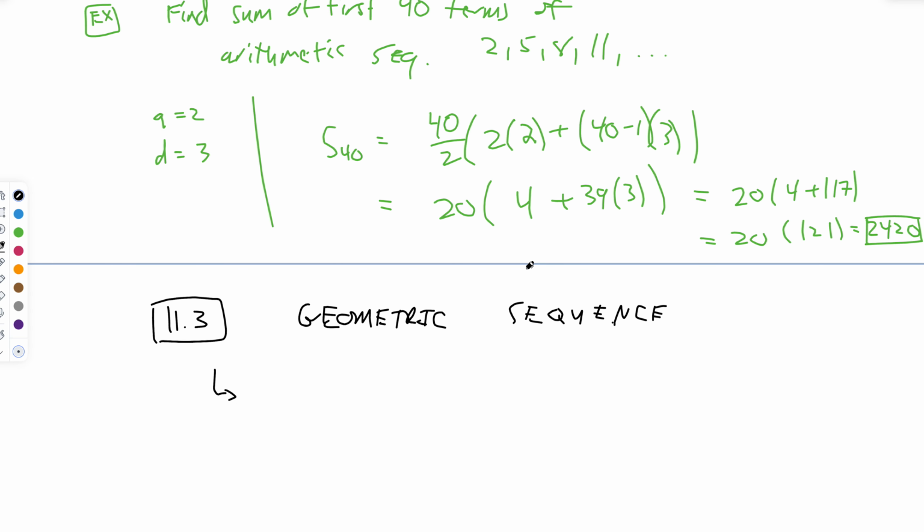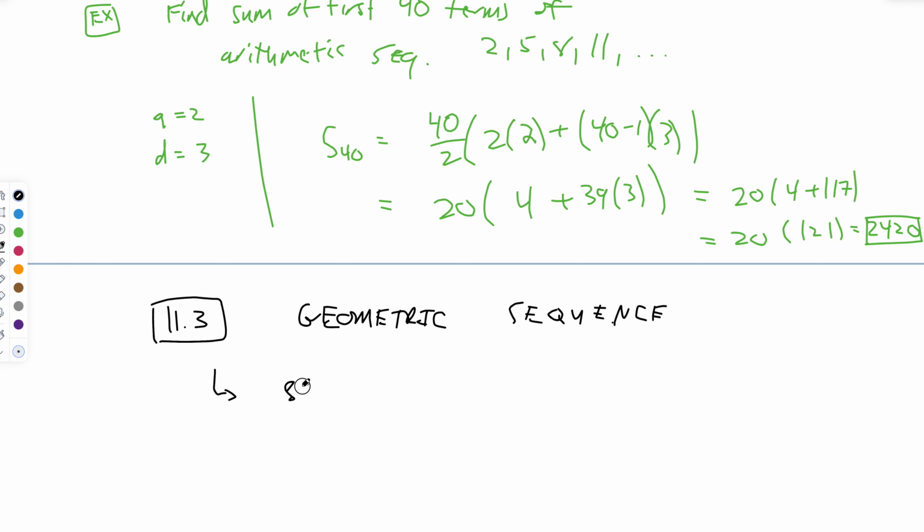Arithmetic was we added the same term over and over and over again. Every difference was the same. With a geometric, we are also going to have the same value, but it's not going to be added. It's actually going to be multiplied.